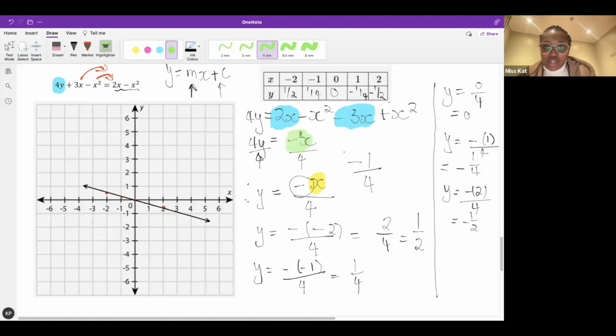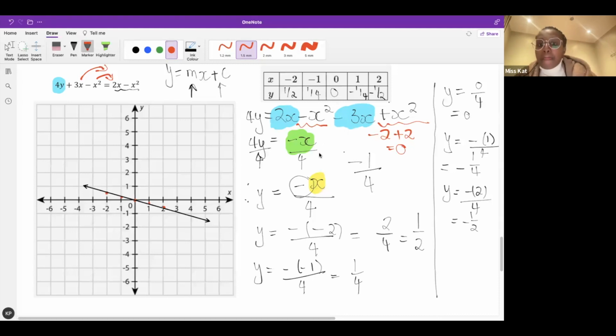Do you see I highlighted it green? Yes, ma'am. Great. And then what's negative x squared plus x squared? It's like saying -2 plus 2. What's that going to give you? It's 0. Do you see why the x squares disappeared? Yes, ma'am. Because it was negative x squared plus x squared. They're gone. You see?